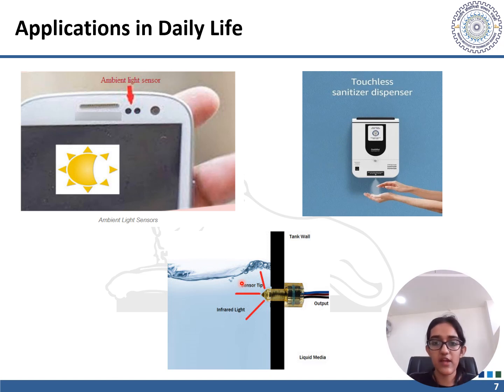So if it's air, there will be less dispersion and most of the light will get reflected back to the transistor. But if it's some liquid, then there will be some dispersion of the light and less light is reflected back to the transistor. So depending on the intensity of light which is detected at the transistor after reflection, we can determine the level of the liquid.